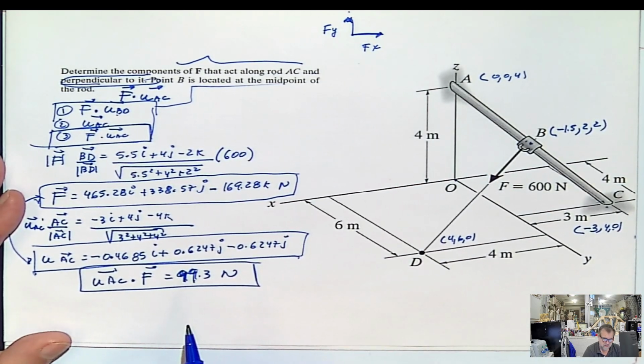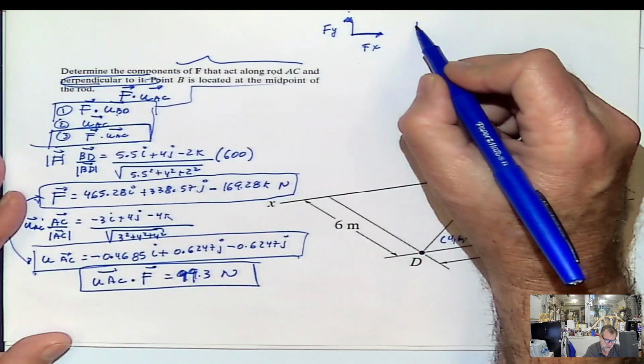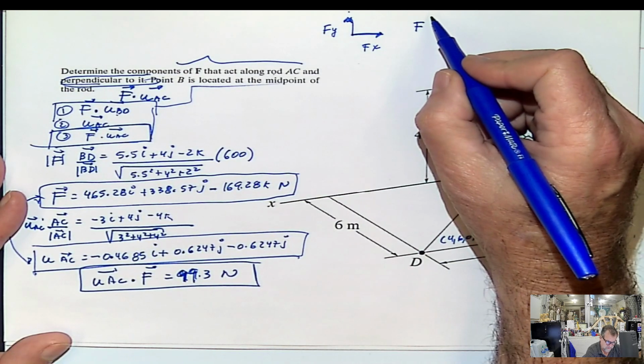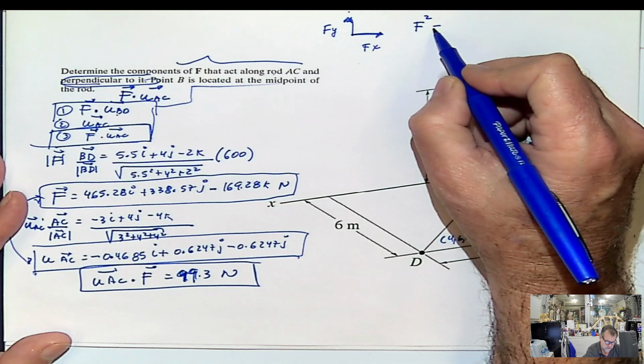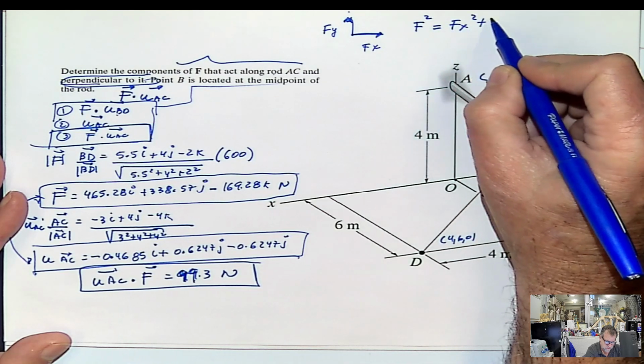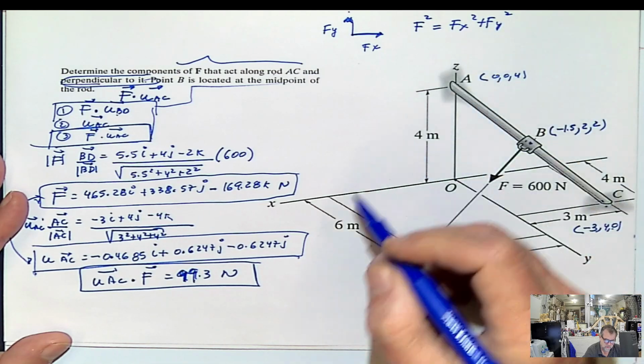then I can say that F squared is equal to Fx squared plus Fy squared.